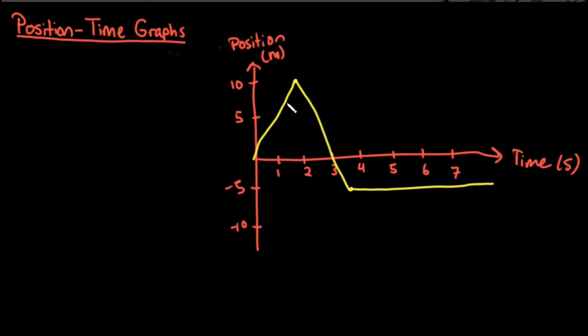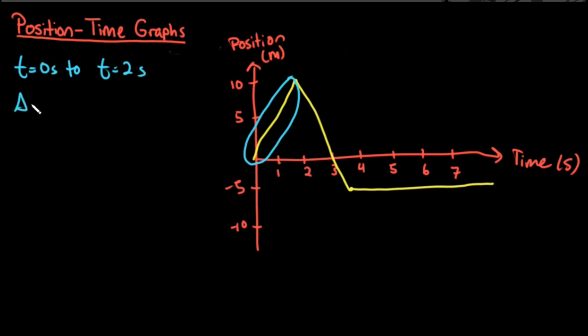Let's take a look at our time intervals on the x-axis and figure out the displacement that happens between each time interval. So we're going to look at this section first, right here. Now, the time interval is from time equal to 0 to time equal to 2 seconds.